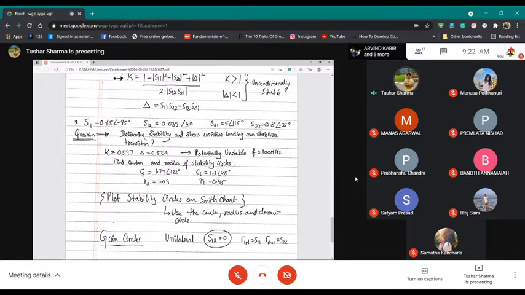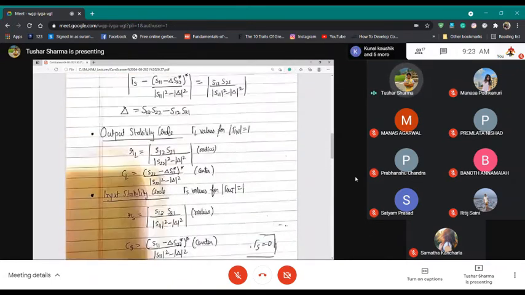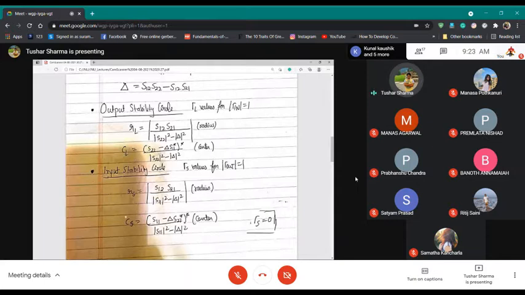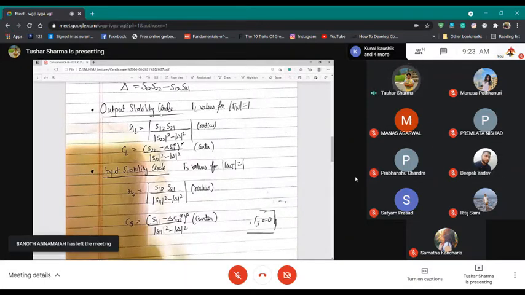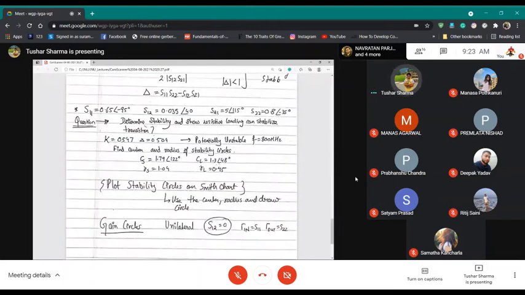If the device is potentially unstable, we go back and use these formulas to calculate RL, CL, RS, CS, which are the radius at load, center at load, radius at input, center at input. Then we calculate CS, RS, CL, RL and try to plot the stability circles on the Smith chart. So that's where the story starts in this lecture.